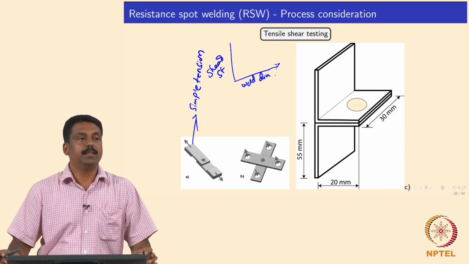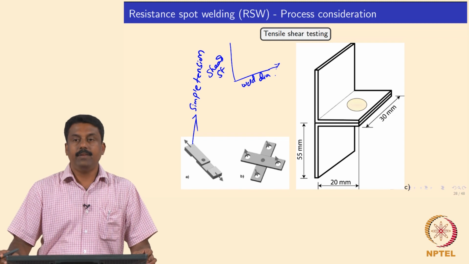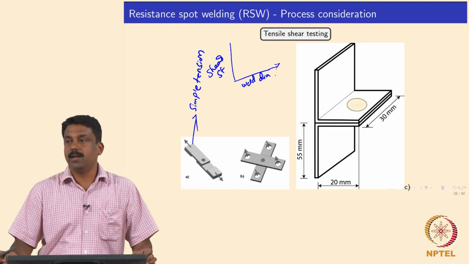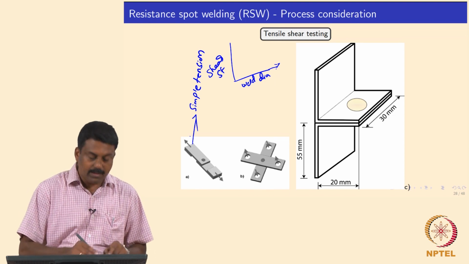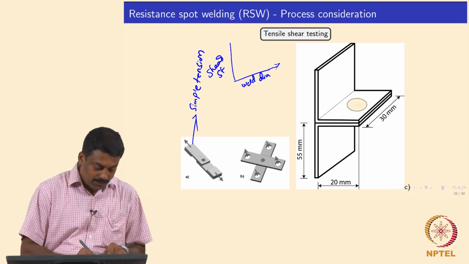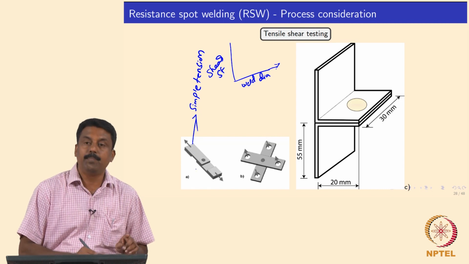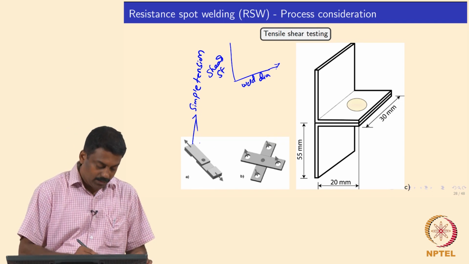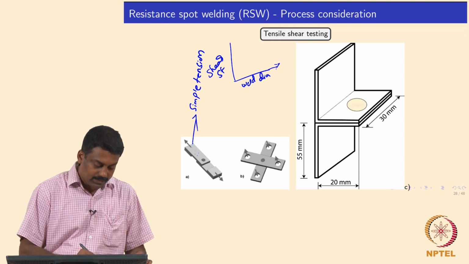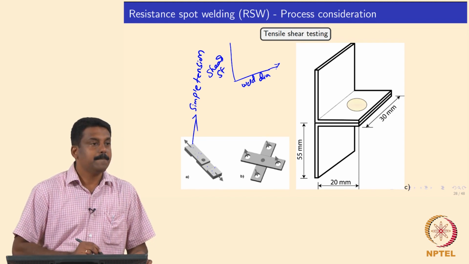And apart from strength, we also look at some other important parameter in spot weld, because when you are deforming such a member, you are applying load in almost all the parts of this component. For example, this is your sample. When you are applying a load, the load is applied in all the places, isn't it, right.